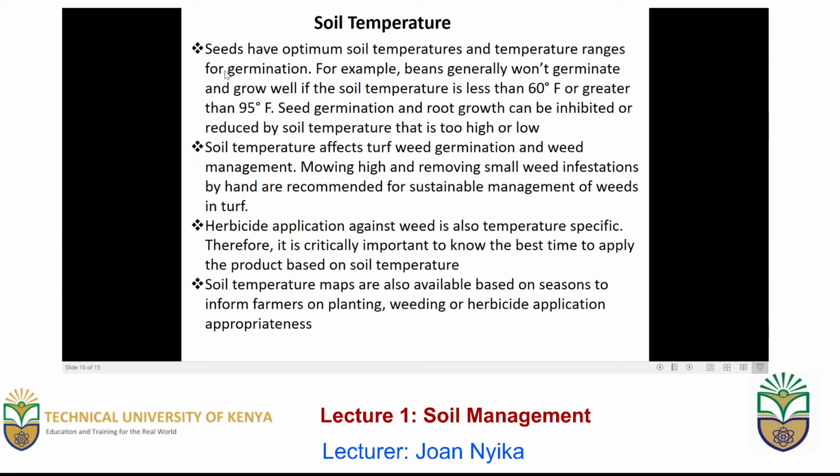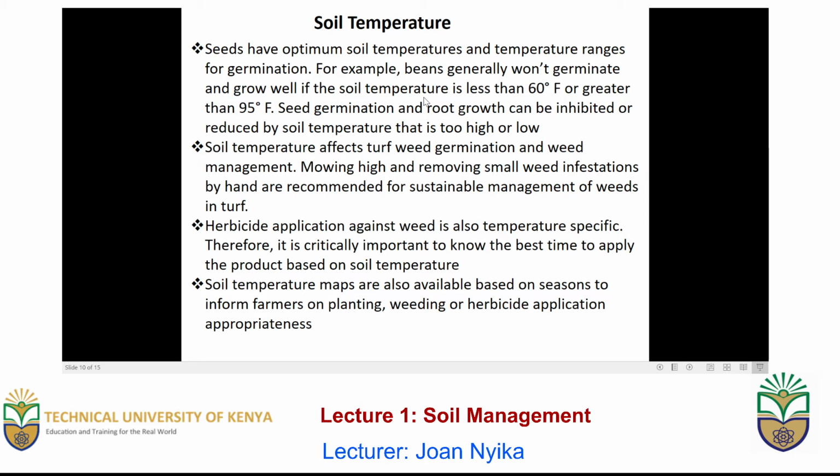The other problem we will look at is soil temperature. Remember from our previous class, we said that the ideal temperature for growth and germination of crops is between 18 and 24 degrees centigrade. Beyond this, the plants would not germinate, or would germinate and have stunted growth.